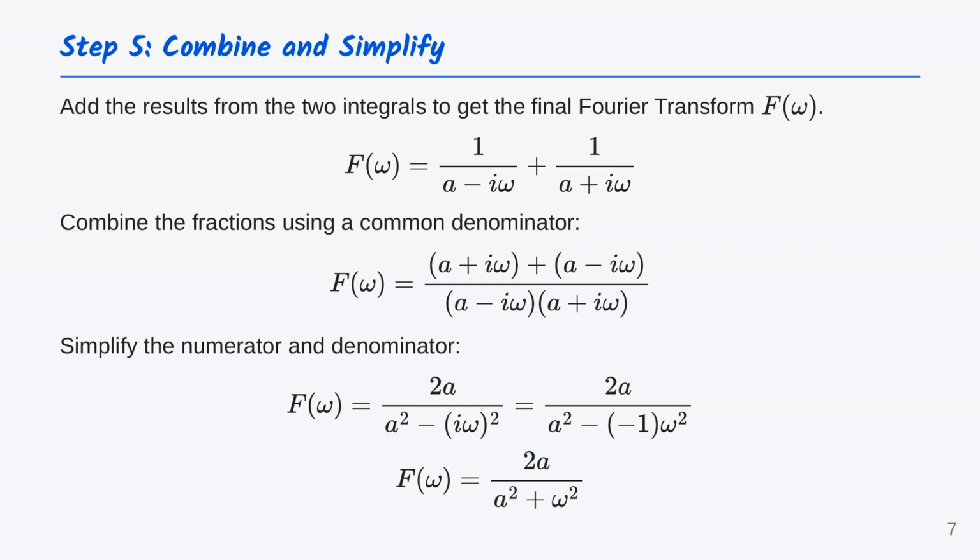In the numerator, the i omega terms cancel out, leaving us with just 2a. In the denominator, we have a difference of squares, which gives us a squared minus the quantity i omega squared. And since i squared is negative 1, the denominator simplifies to a squared plus omega squared. And there we have it. F of omega is equal to 2a over a squared plus omega squared.